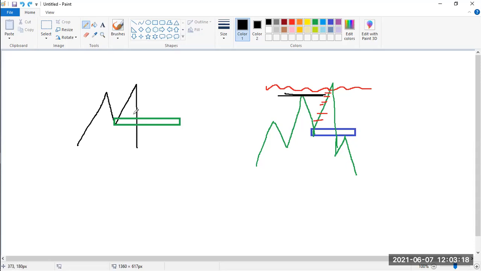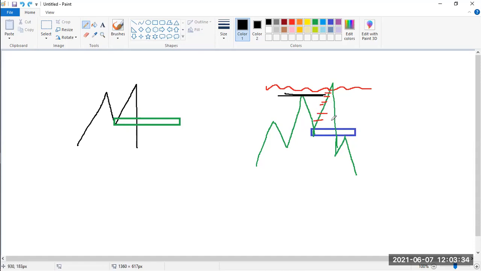Why? When you see them breaking this low here, this breaker, this order block, with a high momentum candle, it means they are trapping all these buyers. They are moving so fast that they will trap all these buyers.